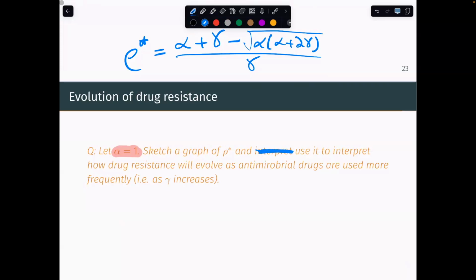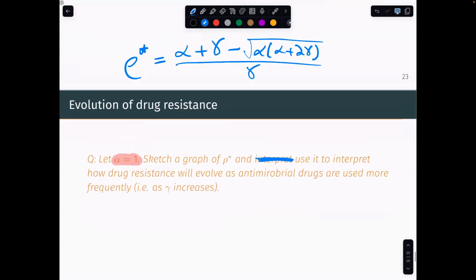I'm shifting away from the qualitative prediction of whether it's a CSS, a branching point or a repeller. How do we interpret this answer for, say, a medical practitioner or a public health policymaker, to say what happens as I increase my drug use? Let's have a go at sketching this and then think of what a biological interpretation would be for someone who doesn't have a mathematical background.